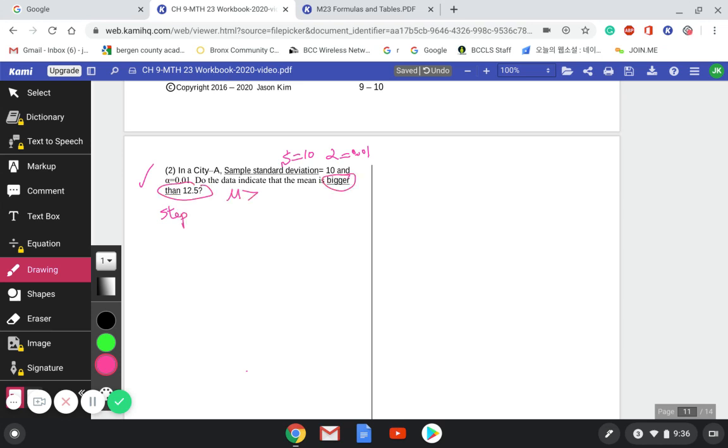Since mu is bigger than 12.5, this is a right tailed test, which means one tail test on table number 4. So in step 1, you define H0: mu is 12.5, and H1: mu is bigger than 12.5. So that's a right tail test.